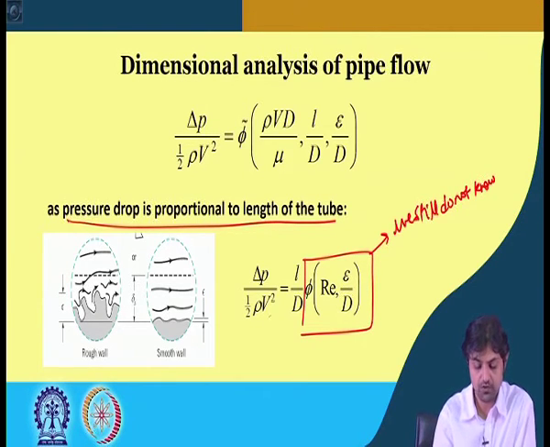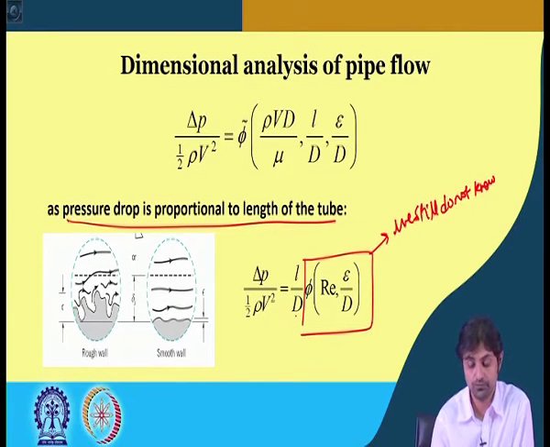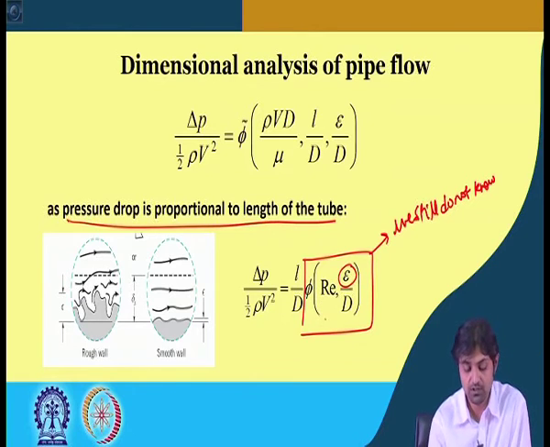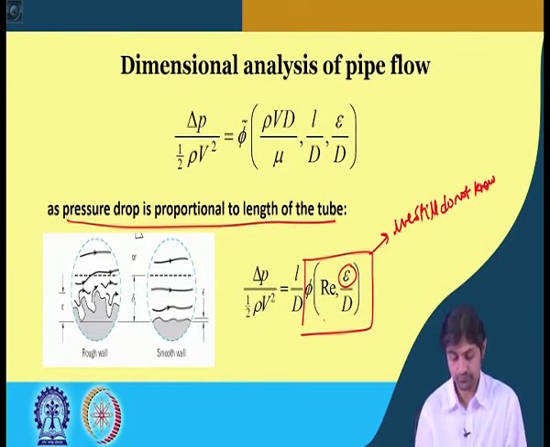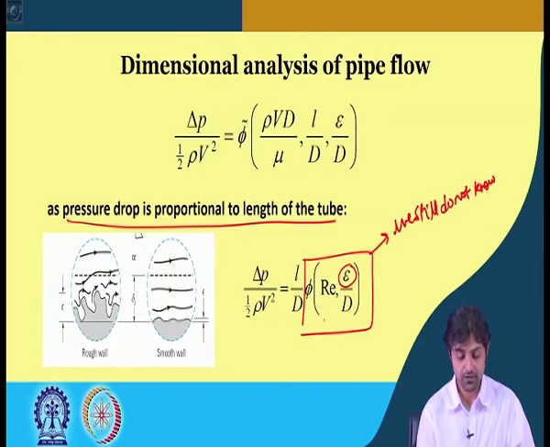But other things we know, half rho V square, L by D, Reynolds number also we know. We do not know how to find epsilon, and we also don't know how this function depends upon Reynolds number and epsilon by D. Correct? But that we will get to know in the upcoming slides.